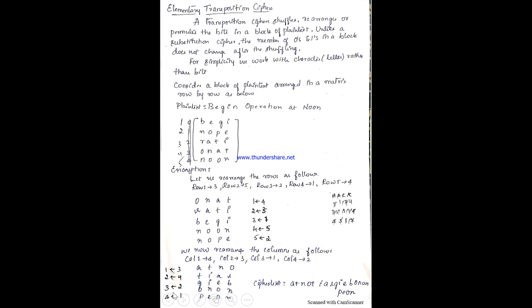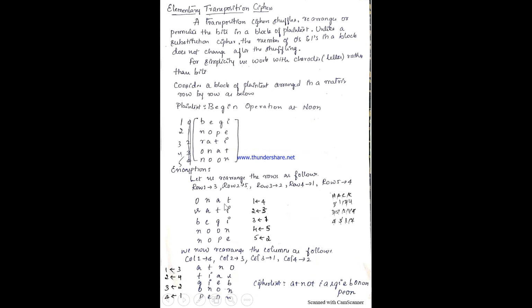I'll be applying this rearrangement to the resultant of the row transposition. The 3rd column elements are ATGOP, so ATGOP I'll copy to the 1st column. Next, the 4th column elements TIINE, the 4th column becomes the 2nd column.